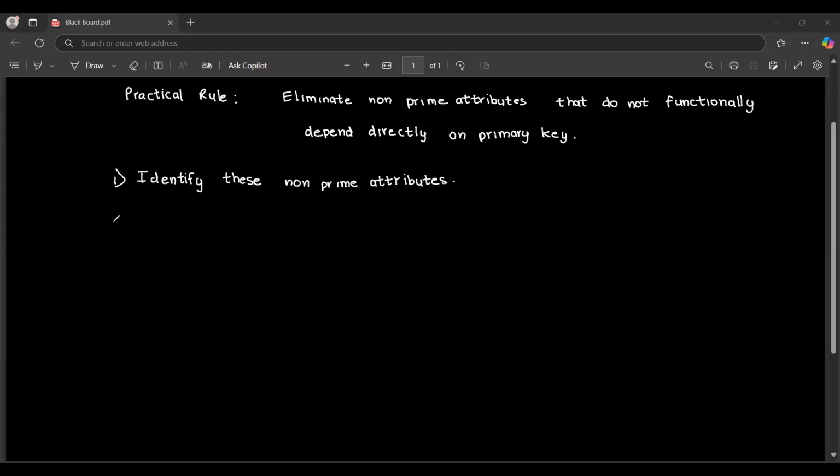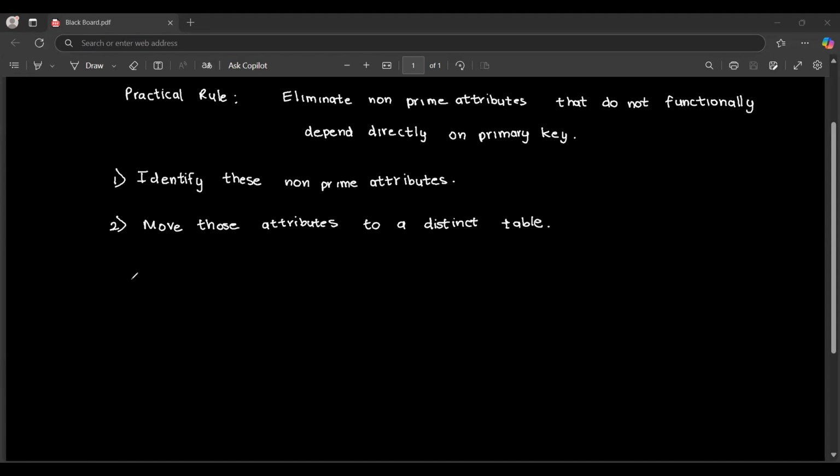We will move those attributes to a distinct table where their dependencies can be properly represented. So when you move these attributes to a distinct table, in that relation, the primary key will be that non-prime key that we eliminated.